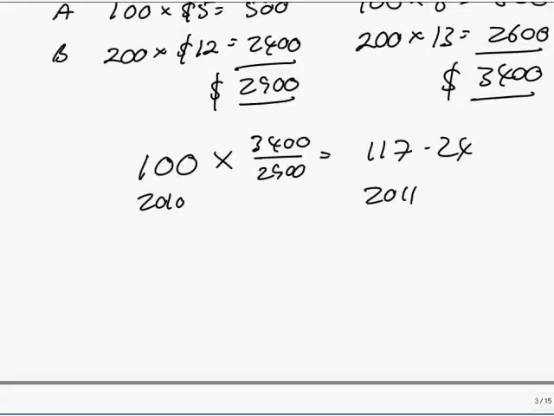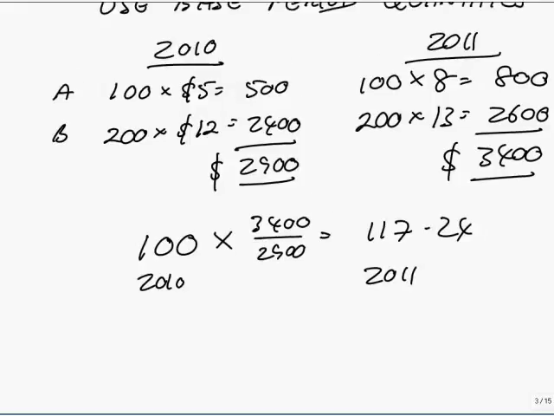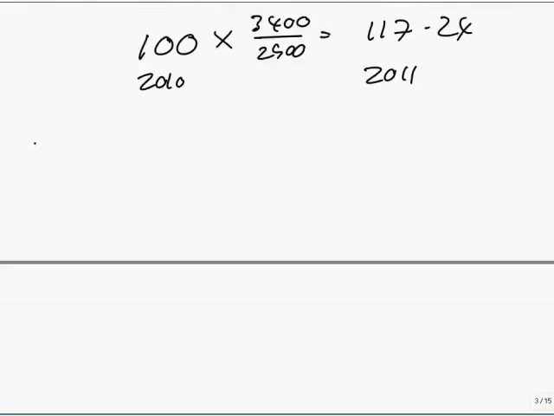The other way of doing it. The only problem with that is, of course, after a few years, if you're always using the same shopping basket, it starts to get very out of date, you know? And so, the alternative, to be more, if you like, up to date, is Paasche.